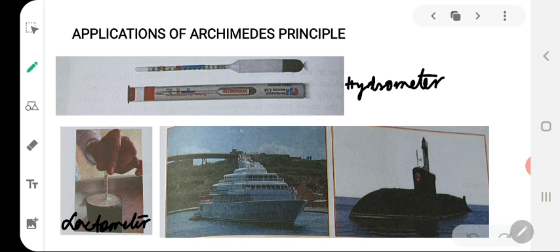It finds its application in the designing of ships and submarines. Hydrometer is used to check the density of a liquid, while lactometer is used to check the purity of milk. Now, even designing of ships and submarines are done keeping in mind Archimedes principle.